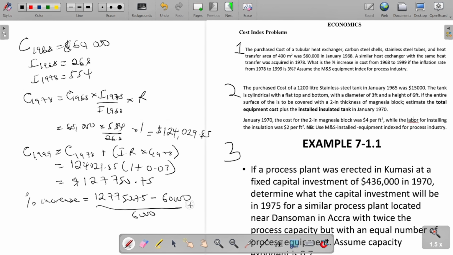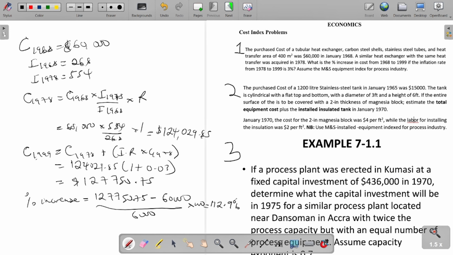They said a percentage, so times 100. This gives me 112.9 percent. The question wanted us to calculate the increase from 68 to 99, but they gave us the inflation rate for 78 to 99. We need the cost for 78 before we can do it. So we use the cost index approach to get the cost in 78, then the cost in 99.